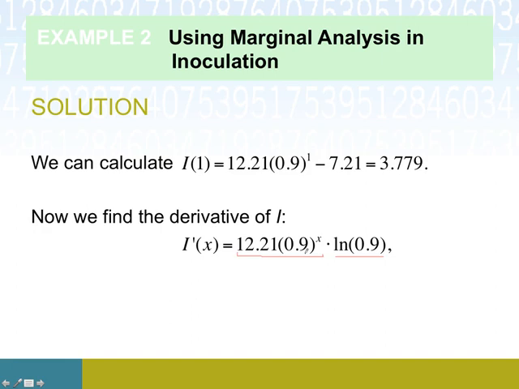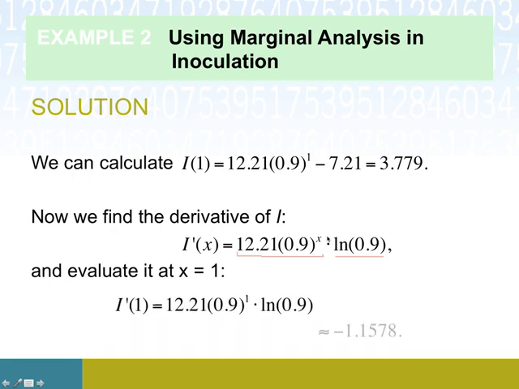That doesn't occur when we have e to the x, or it does, but the natural log of e is 1, so it doesn't actually affect the answer at all. Then we take that derivative and plug in x equals 1 to get an approximate value. Doing that, the slope is negative 1.1578. Again, in whole people, we'd be looking at negative 1,158.